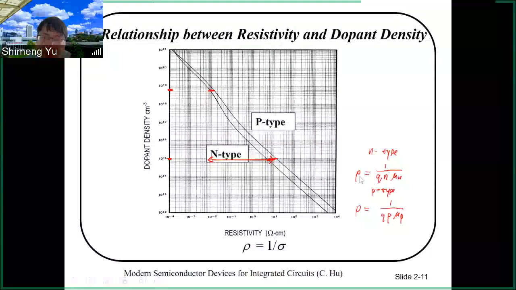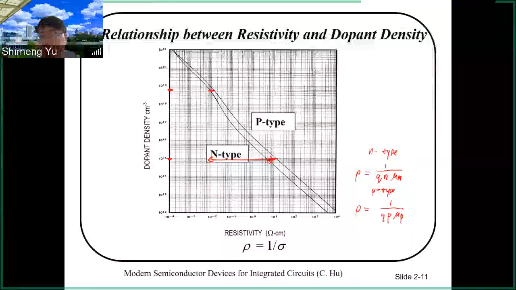Why is that? This is rho, and this is 1 over n, but it's not a straight line in this plot. Because if it's inversely proportional, then in this kind of plot you would see a straight line here. The reason is that this mu n also depends on the doping, right?